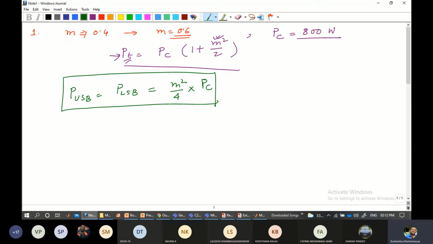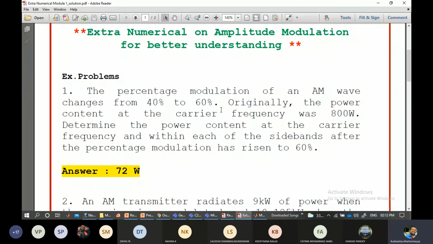But if you don't know which particular formula to use in a particular case, it becomes a difficult problem. So this is the sideband power. The problem here is that to calculate it, I need to know the carrier power, which is not given at 0.6. Do we have any lead in the question that tells us what the carrier power at 0.6 should be?